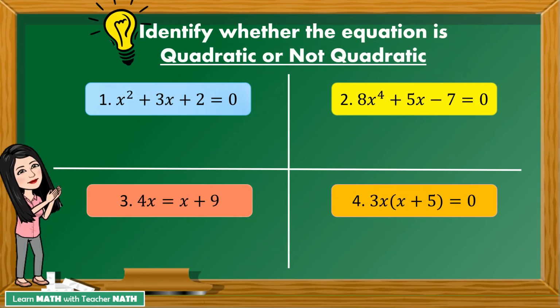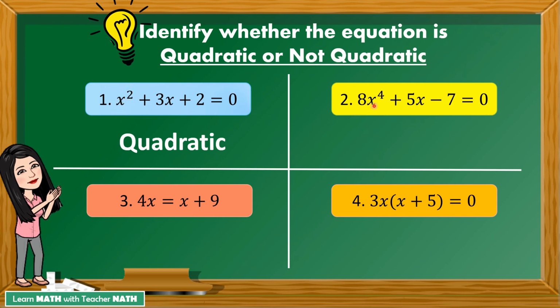Let's identify whether the equation is quadratic or not quadratic. So on our first equation, we have x squared plus 3x plus 2 is equal to 0. So this equation is quadratic because it has a second degree on the variable x.